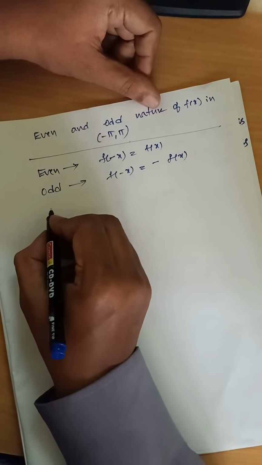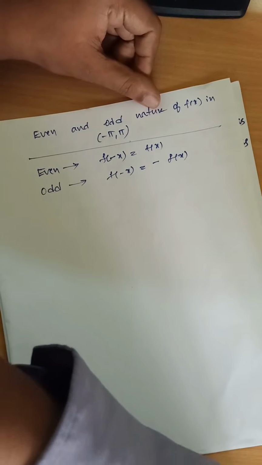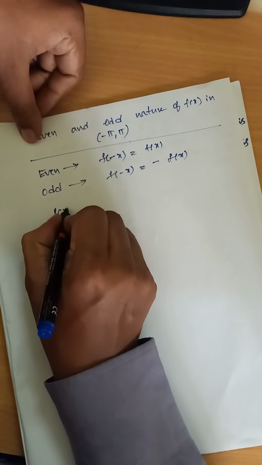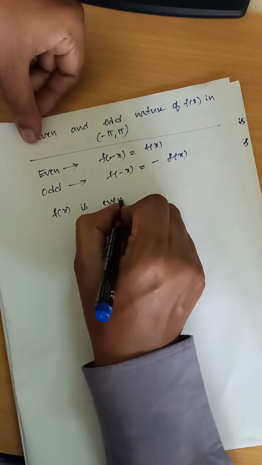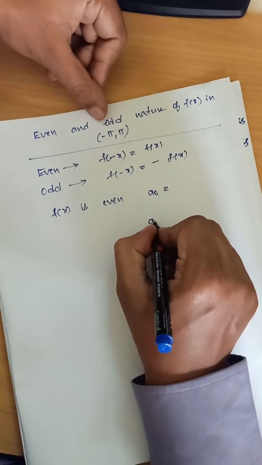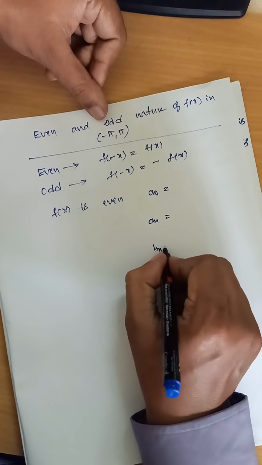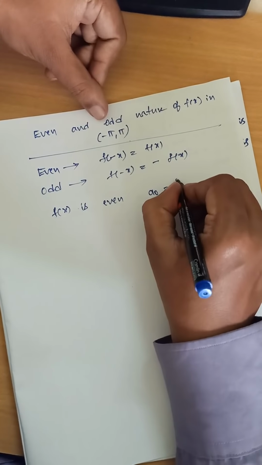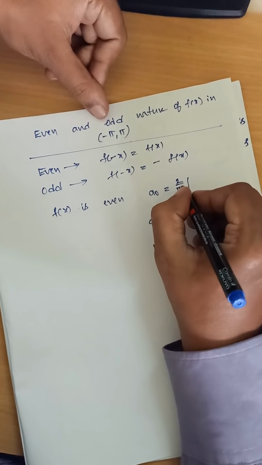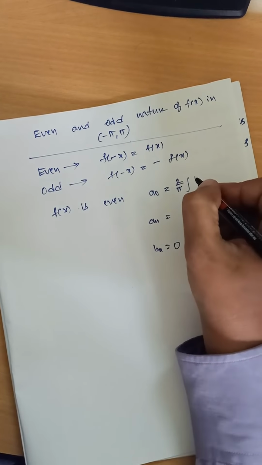Next, using the property of definite integral, if the given function f of x is even, we find only a naught and an. Bn is 0. A naught is 2 by pi integral 0 to pi f of x dx. Why here 2 times? By using the property of definite integral.